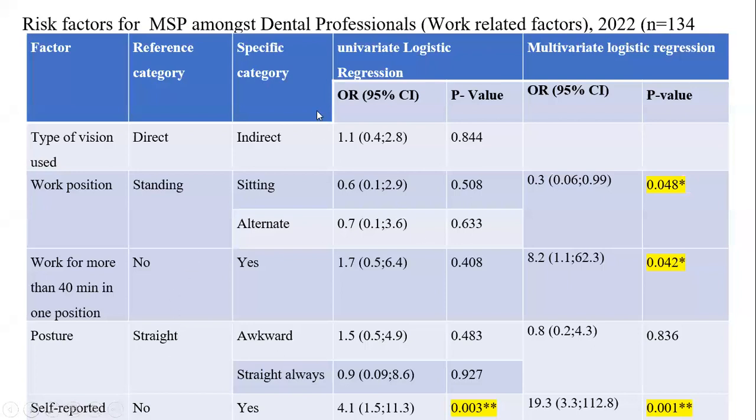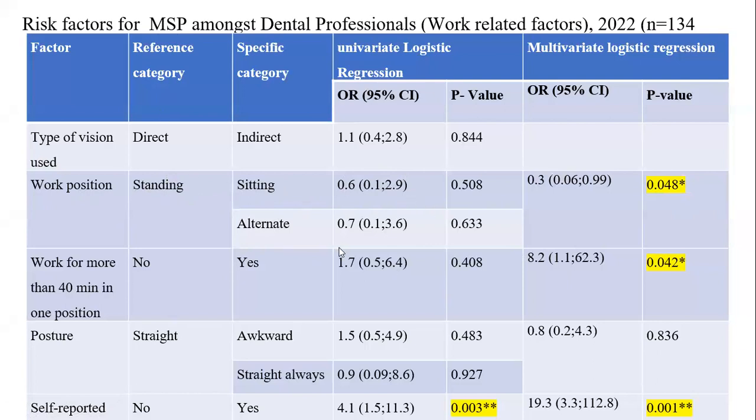The other aspect was work-related factors, the ones that were positive in terms of the risk factor analysis were work position, and where we are pointing there is standing. You have increased odds of developing musculoskeletal pain if you work standing.